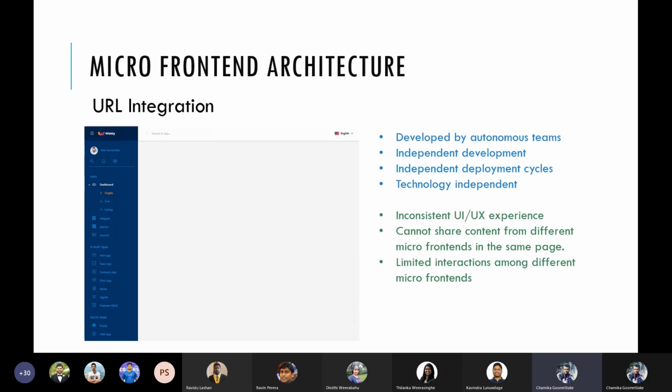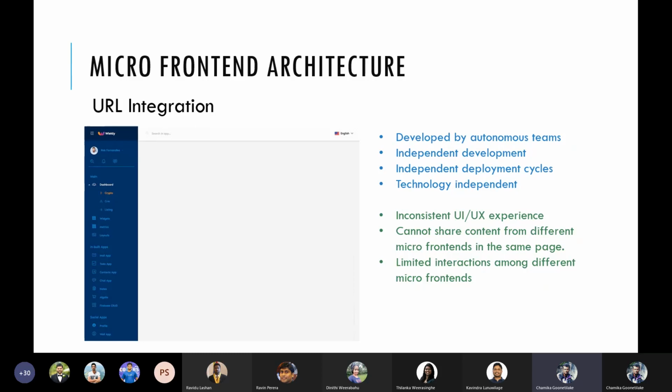These individual applications can be developed by autonomous teams, and we can use different technologies. So independent development and deployment cycles can be there. And also, as I said, we can obviously use different technologies for individual applications.